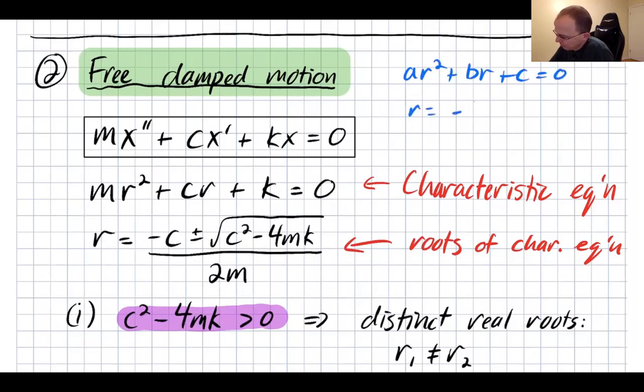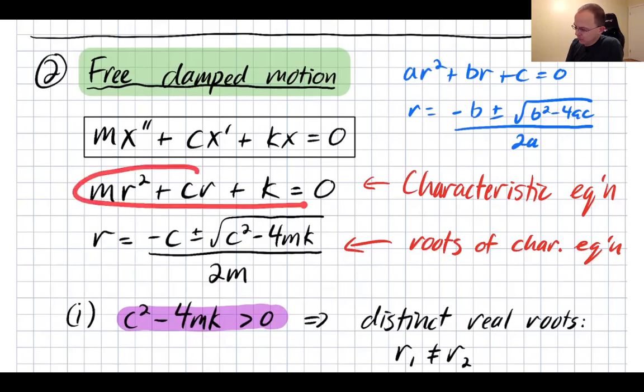So r would be minus b plus or minus the square root of b squared minus 4ac, divided by 2a. Applying that to this equation, we get minus c plus or minus the square root of c squared minus 4mk, divided by 2m. That gives us our formula for the roots of the characteristic equation.